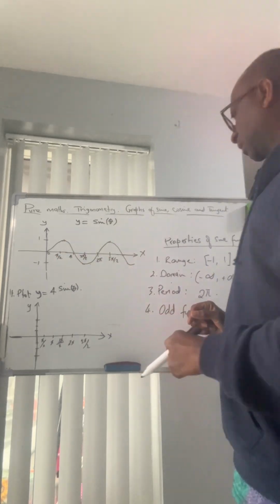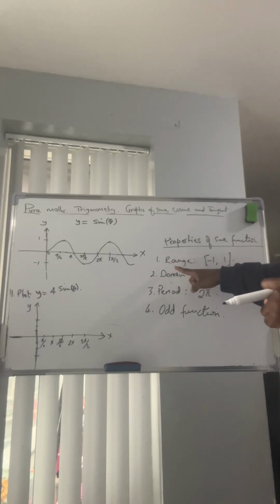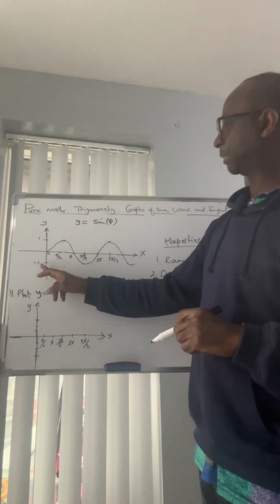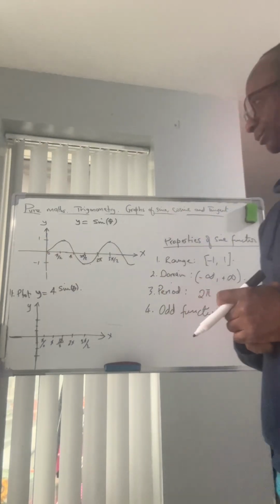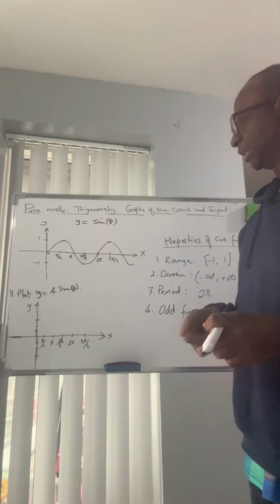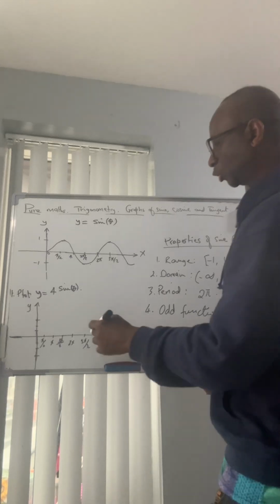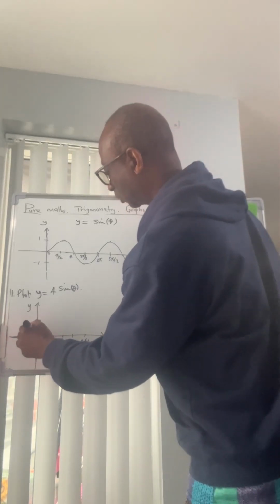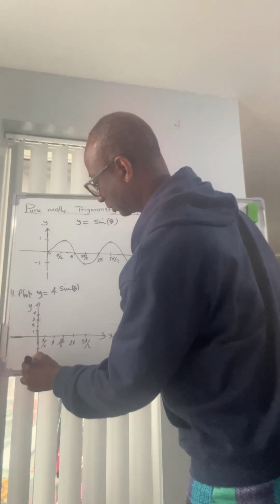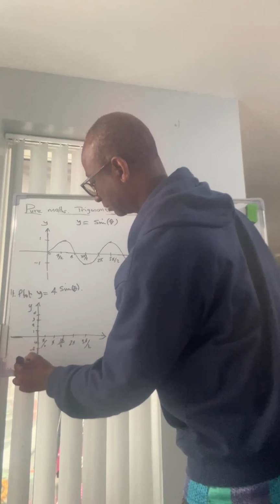Don't forget, we said the range of the sine function is from -1 to +1. There's a 1 here. So if you are given a number here other than 1, this is 4. So we now have 1, 2, 3, 4, minus 1, minus 2, minus 3, minus 4.